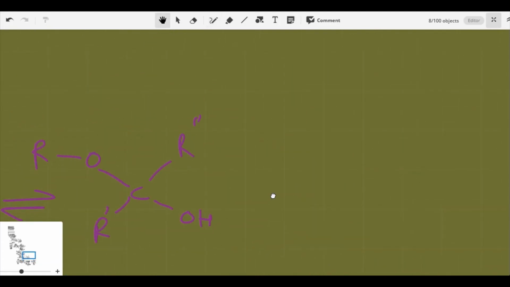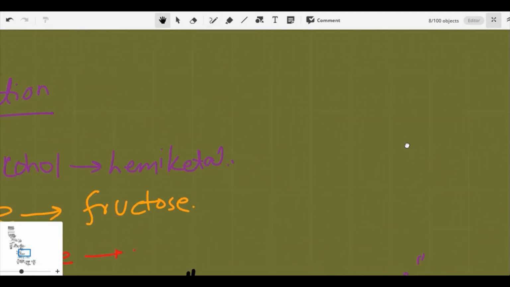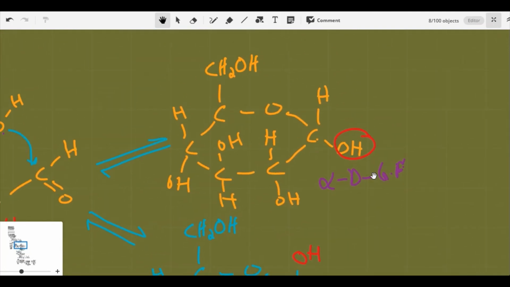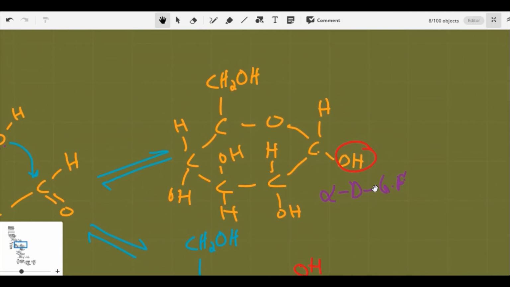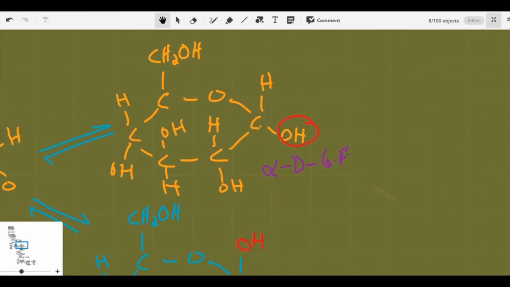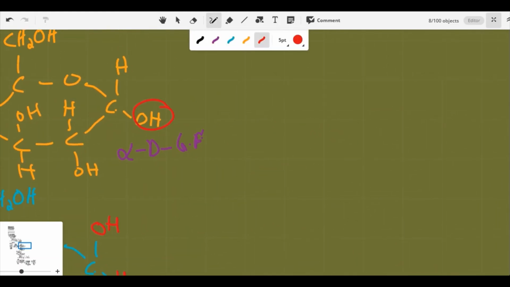And the same is happening here in the hemiacetal formation. So there will be the same thing, and in this case carbon 1, like 1, 2, 3, 4, 5 and 6, and there is carbon 1, and here is carbon 5.